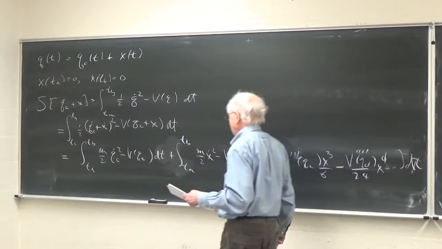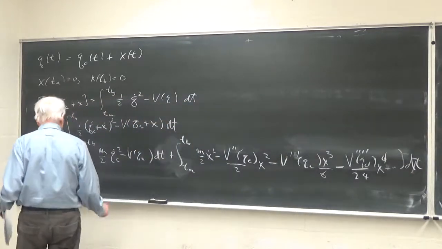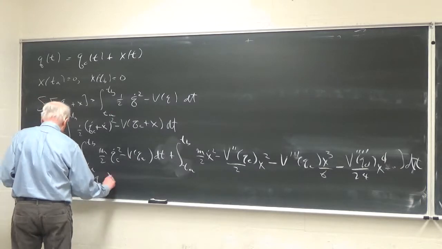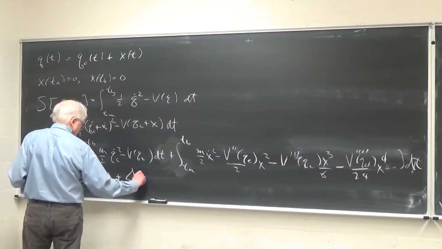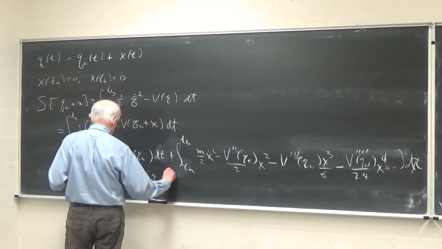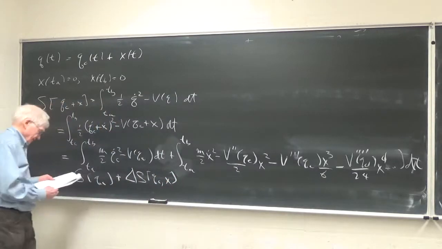Okay. And so we can write this as S of q classical plus delta S of q classical and x.